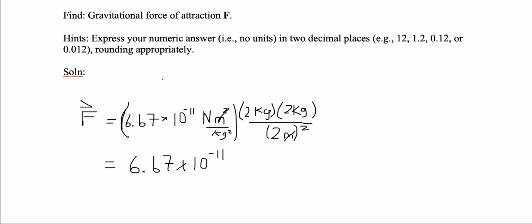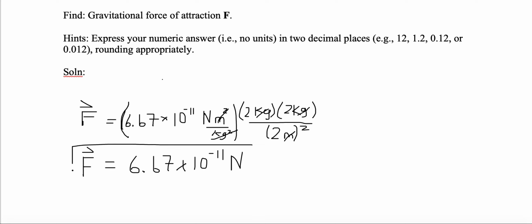So we can cross that out. We have a kilogram and a kilogram, which is a kilogram squared, and divide that out with kilogram squared. And we are left with newtons as our answer. So our force is 6.67 times 10 to the minus 11th newtons, and it's attractive.